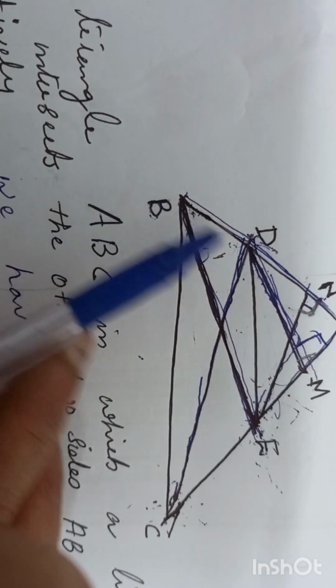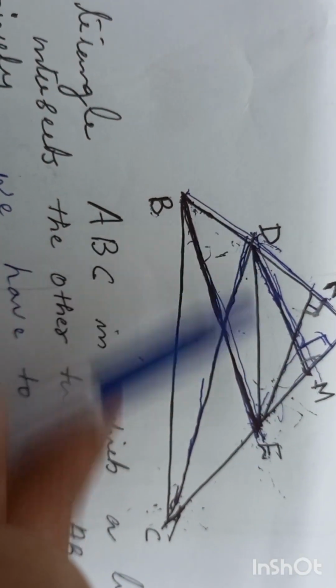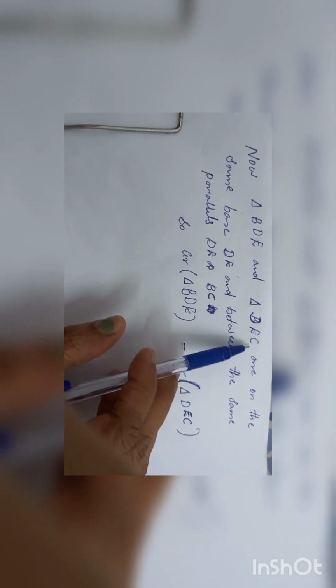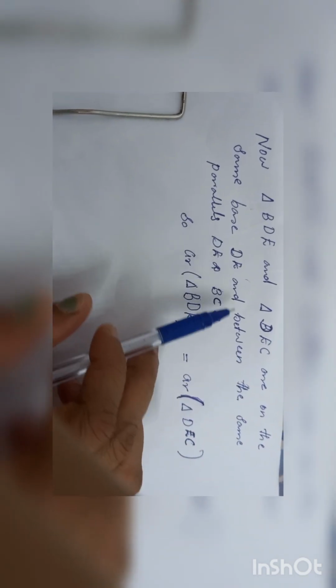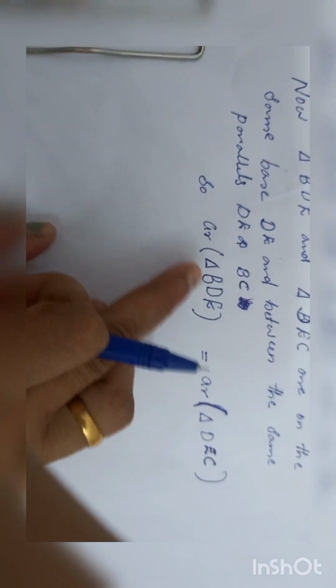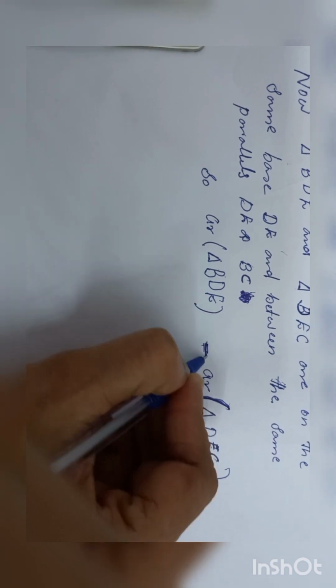So area of triangle BDE is equal to area of triangle DEC.